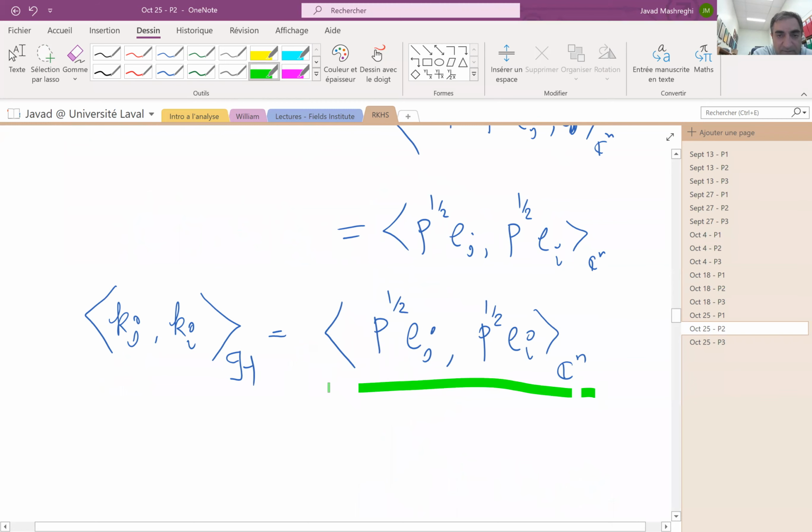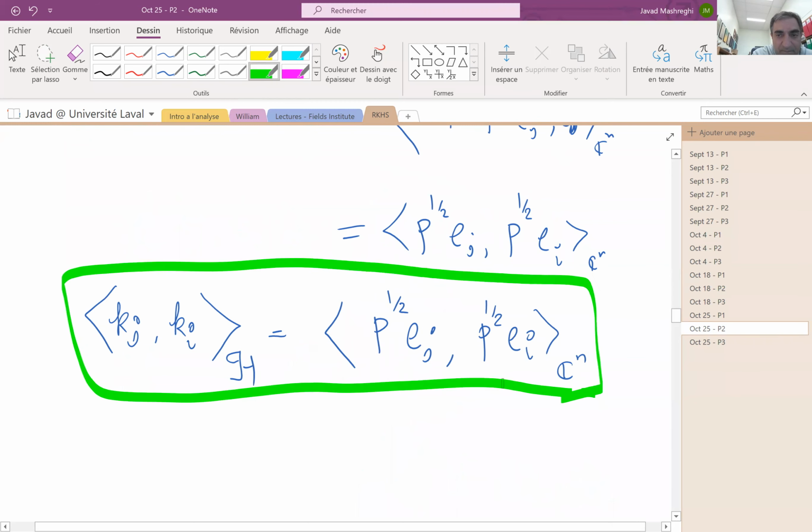That's the crucial identity, which enables us to obtain the inner product of any two elements in H, because any two elements in H are linear combinations of kernel functions, and then expand and obtain this identity.